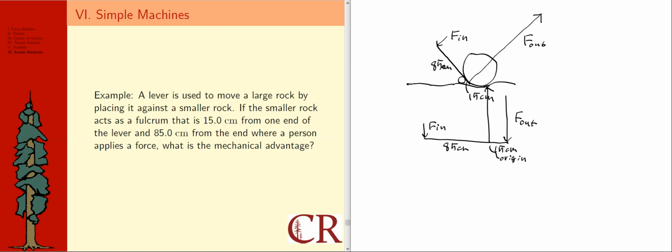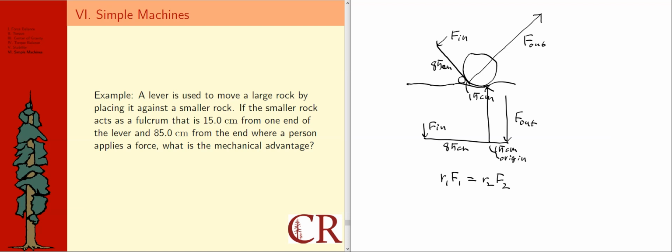One version of the seesaw equation we've seen is M1 R1 equals M2 R2, but in terms of forces I could write R1 F1 equals R2 F2. It's basically saying torque on one side of the seesaw is equal to torque on the other side, provided that it is in balance.